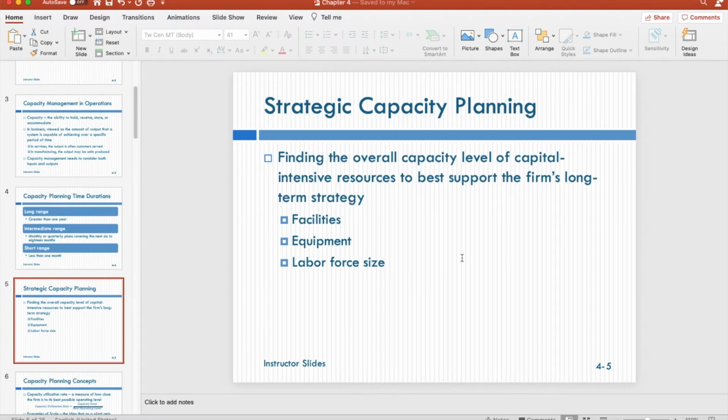We may have different types of quantitative methods, but our final goal is to make preparations for capacity management in order to best support the long-term strategy of our firm. Everything is trying to support our firm's long-term mission. Capacity management is one important aspect.